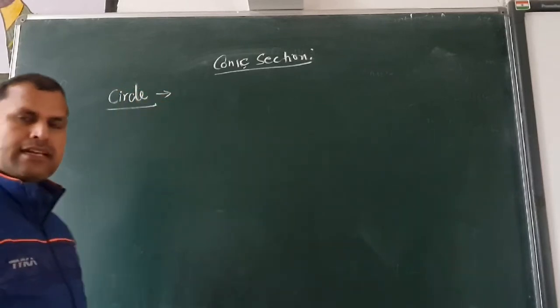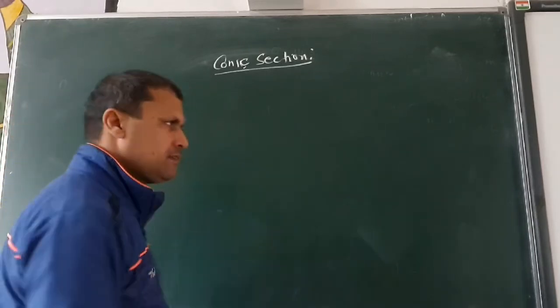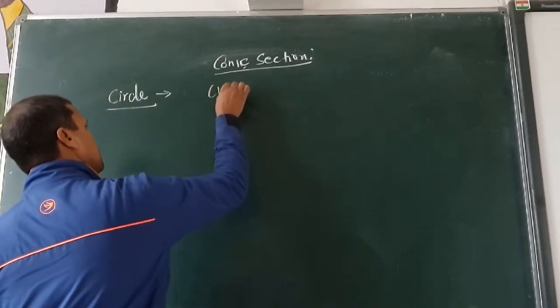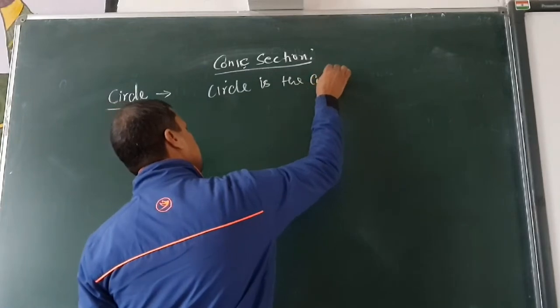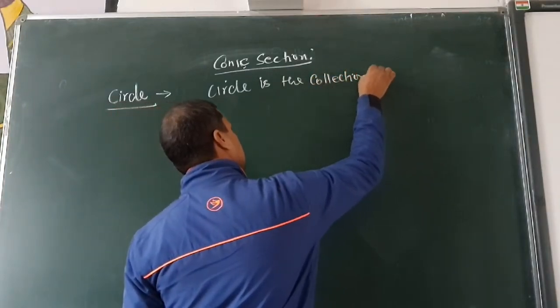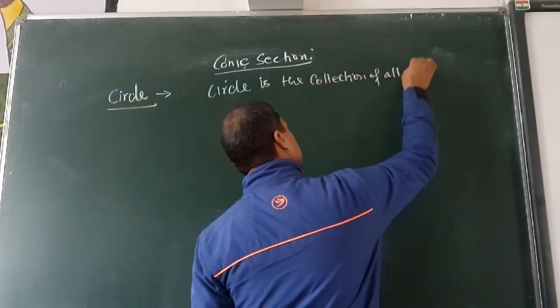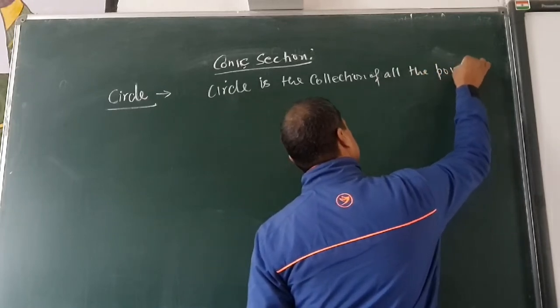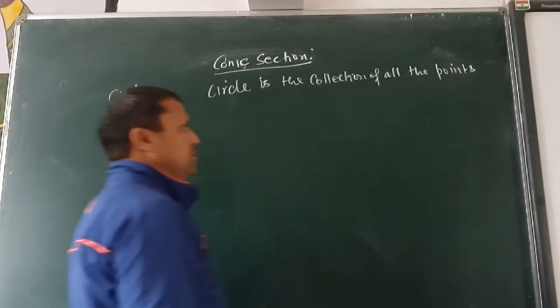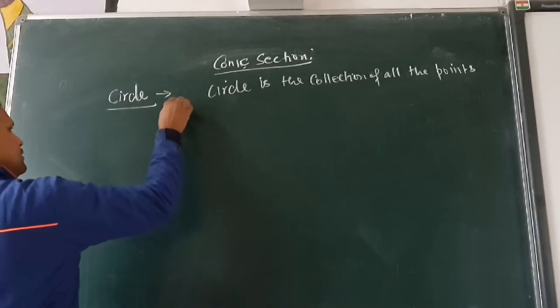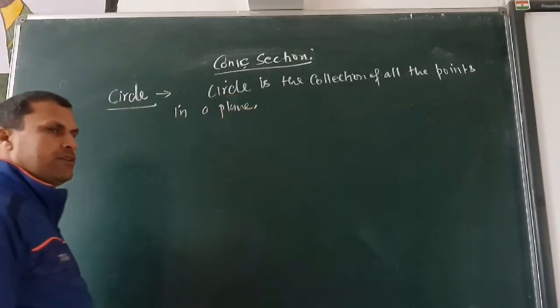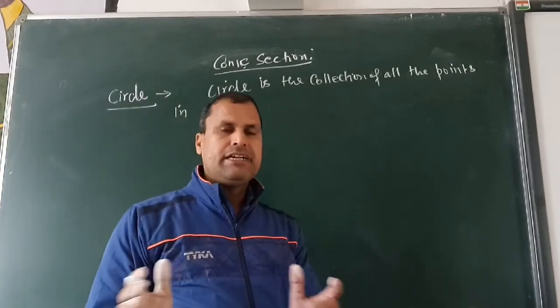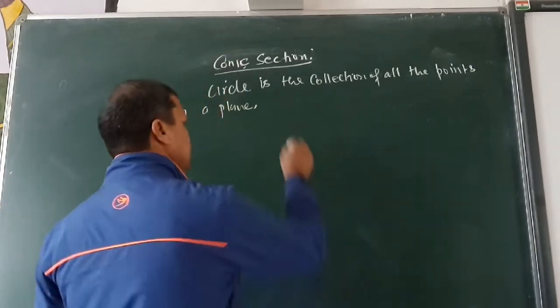Circle is a collection of all the points in a plane that are equidistant from a fixed point.